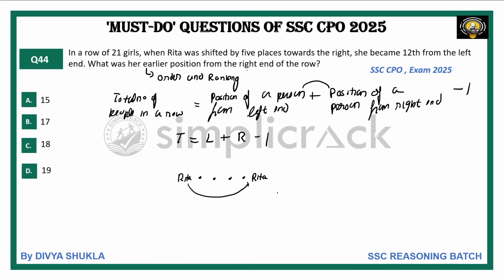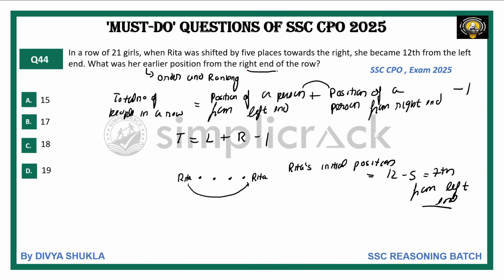So what was the position of Rita initially? Rita's initial position was simply 12 minus 5, that is 7th from the left hand. Now I know the initial position of Rita from the left hand, and I want to find the initial position from the right hand of the row.